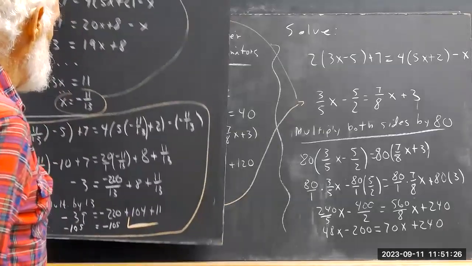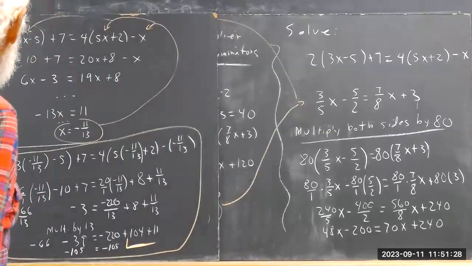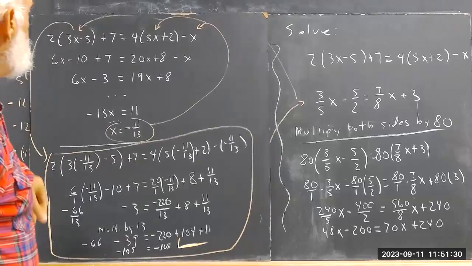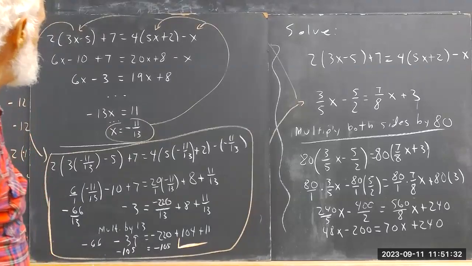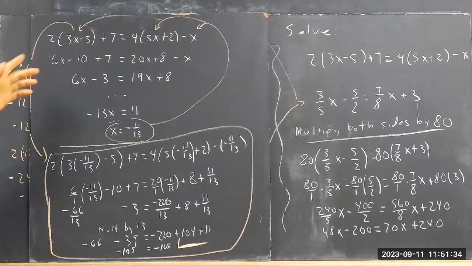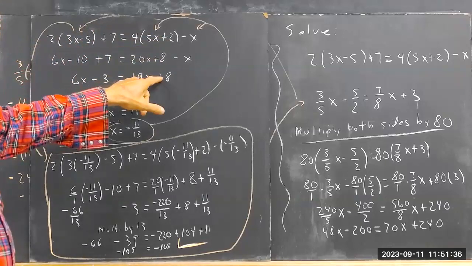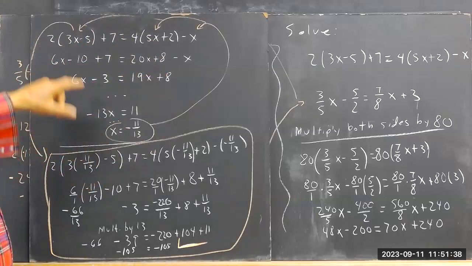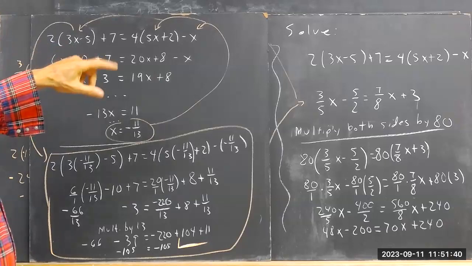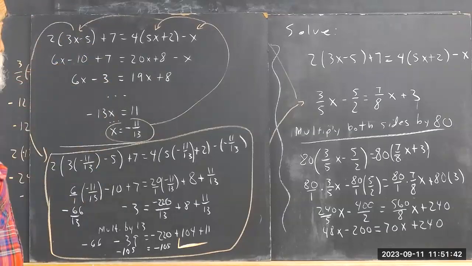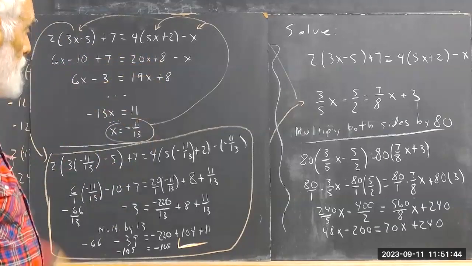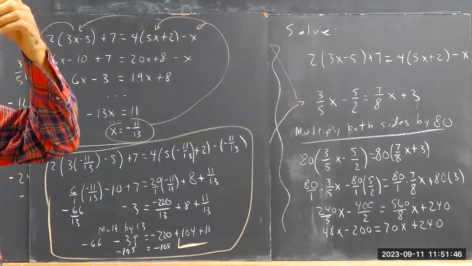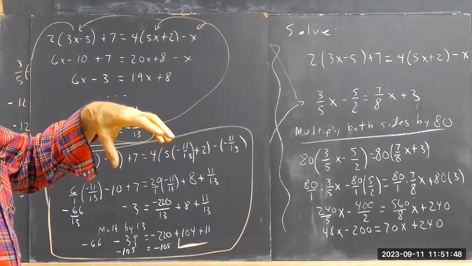On this problem, everybody pretty much did this. Then some people started adding 10 to both sides, and then another step, adding 7 to both sides, then another step, subtracting 8 from both sides. Too many steps.